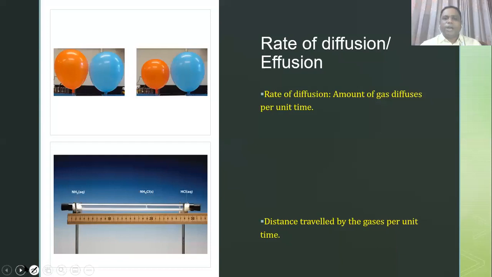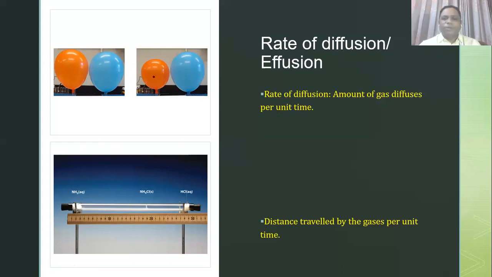Now the question is, how will you measure the rate of diffusion? There are two options to measure the rate of diffusion. One is the amount of gas that diffuses per unit time. You can see in the first figure, two balloons were filled with gas, and if we remove the seal, we can see gas molecules coming out from the balloons, but at different rates.